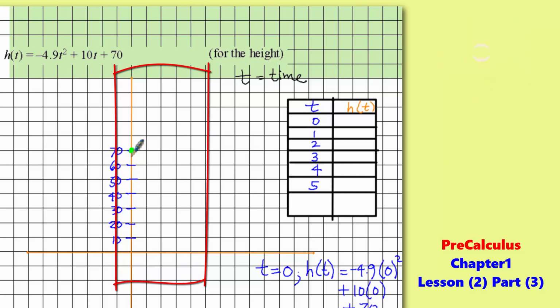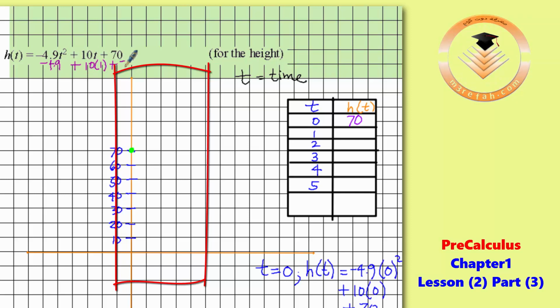Okay, now what happens if our t is equal to 1? Just plug it in. We have negative 4.9 times 1 squared, so that's negative 4.9, plus 10 times 1 plus 70.